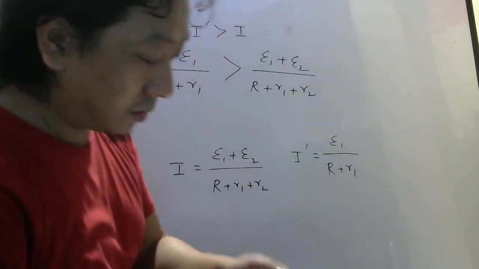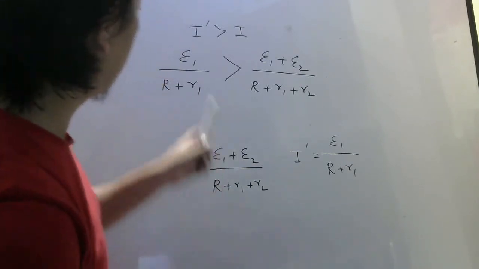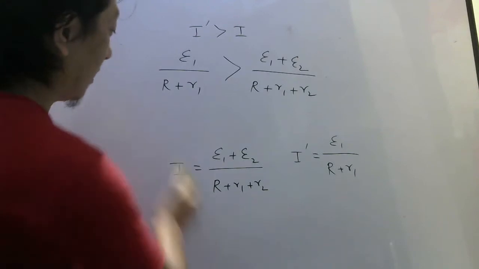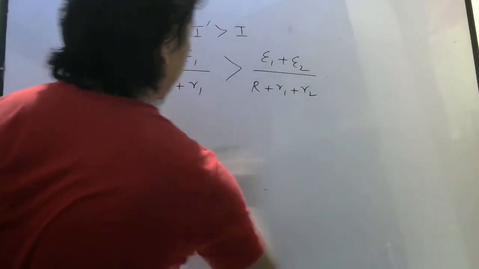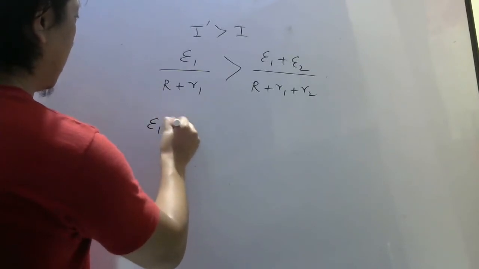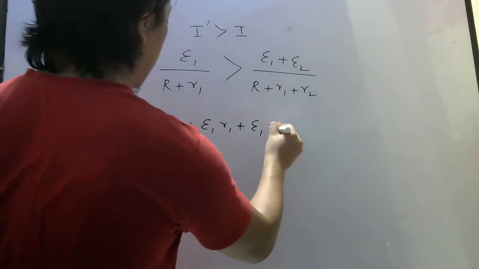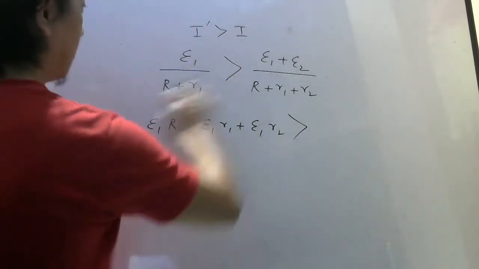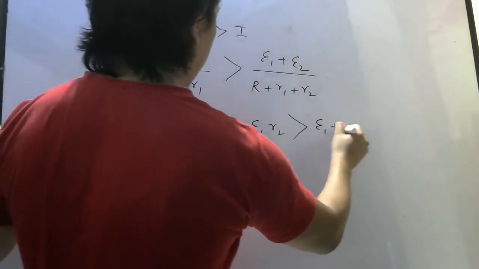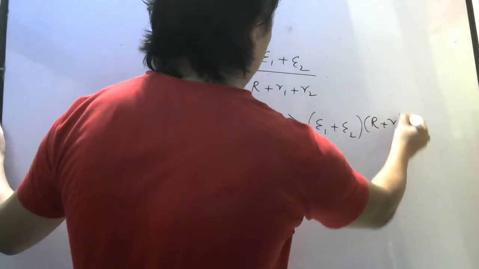So the condition looks like many things are there. If I cross multiply, let me see what I'll get. E1 capital R plus E1 R1 plus E1 R2 should be greater than, cross multiply, E1 plus E2 into R plus R1.